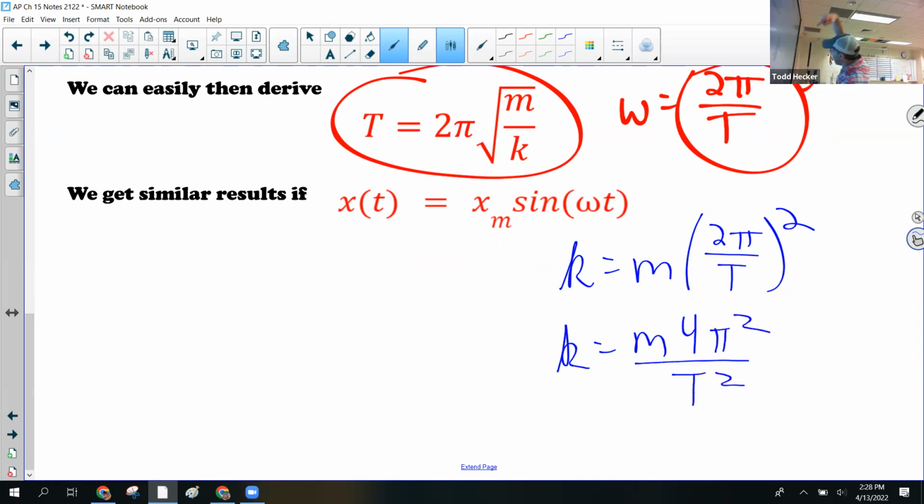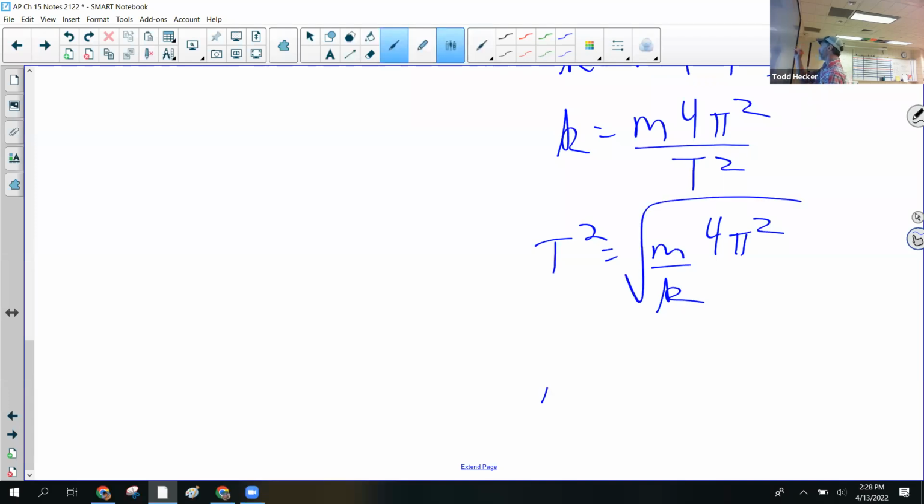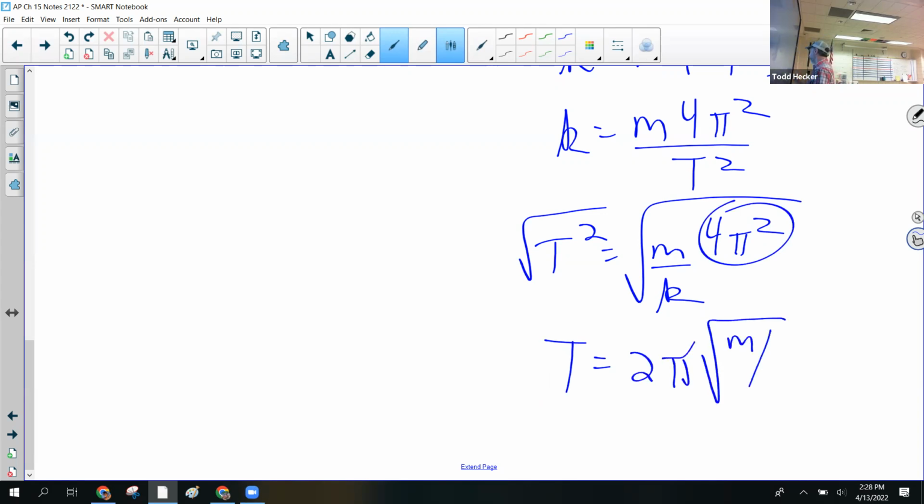Let's multiply by T squared. So we get T squared equals m times 4 pi squared over k, and then square root both sides. And you get period equals, well, the square root of this is just 2 pi again, times the square root of m over k.